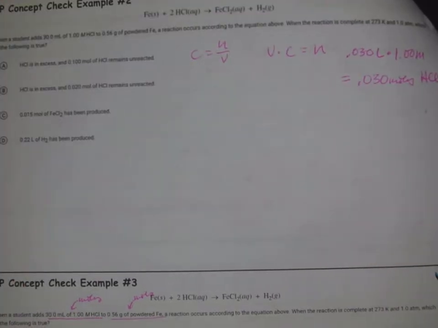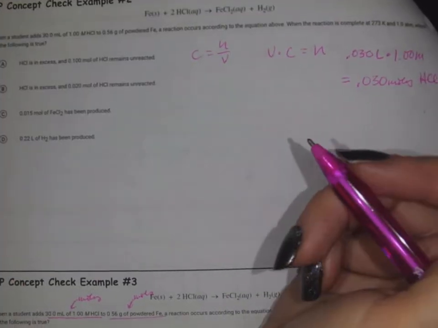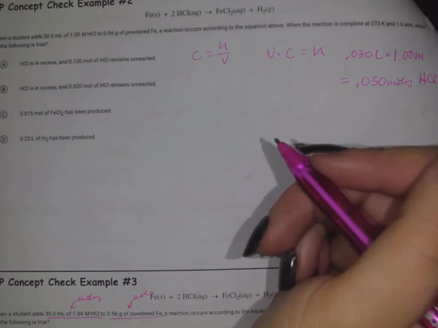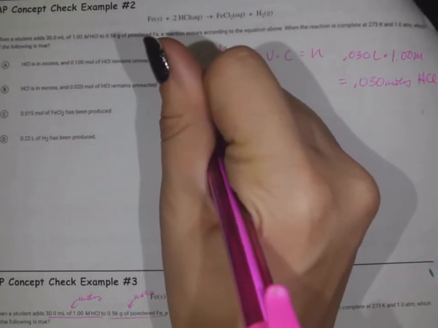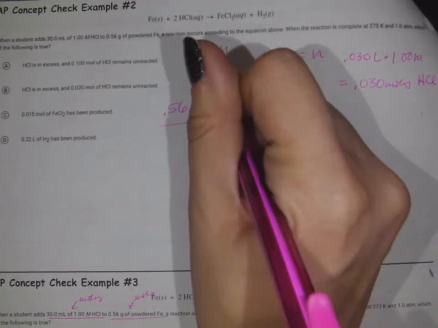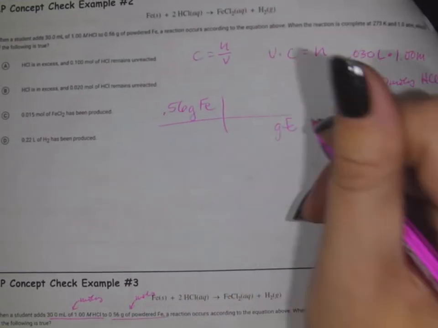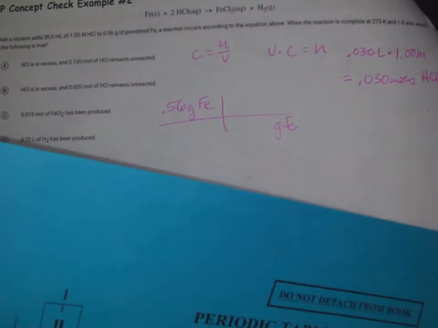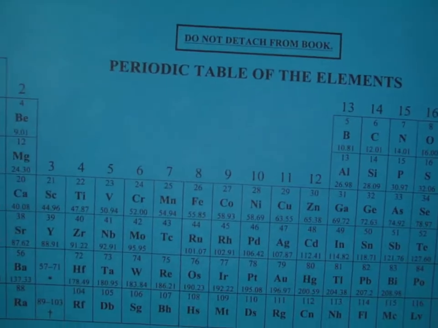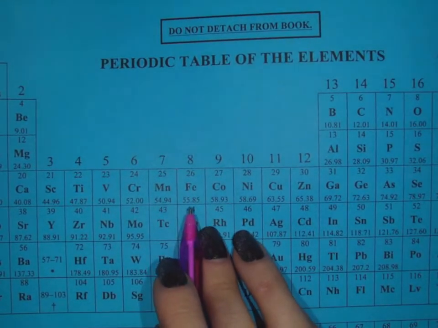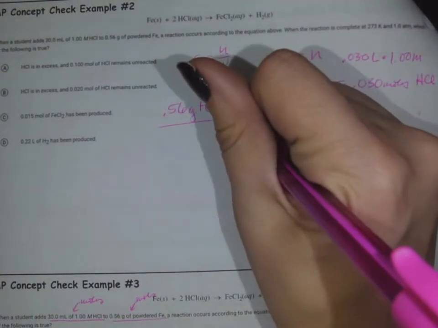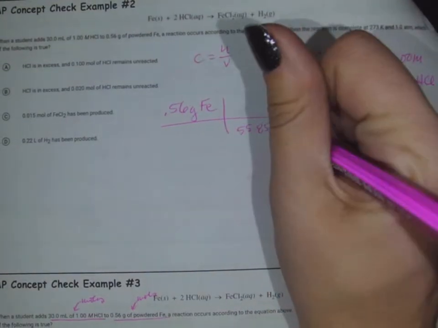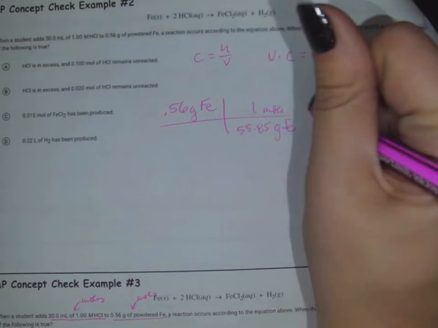Okay, great. I know how many moles of HCl. Now I need to do a goalpost to figure out moles of iron. So we have 0.56 grams of iron. And then I have my periodic table here. It's 55.85 grams per mole of iron.